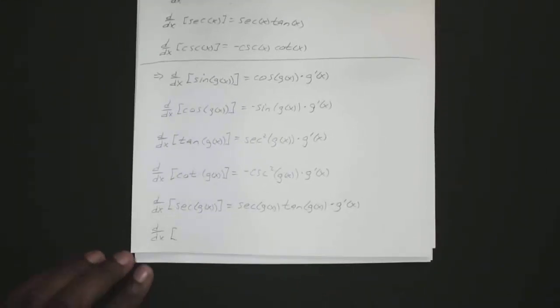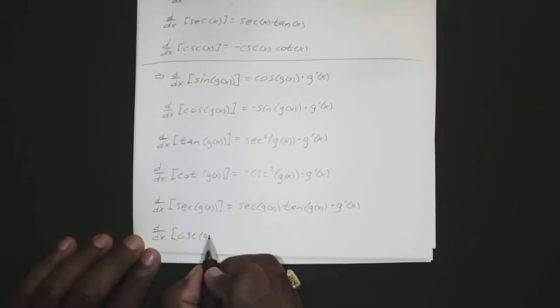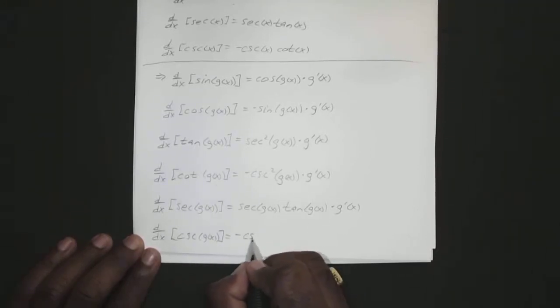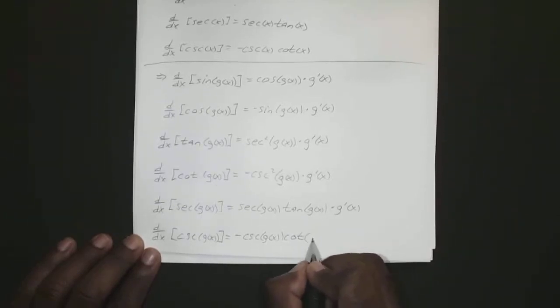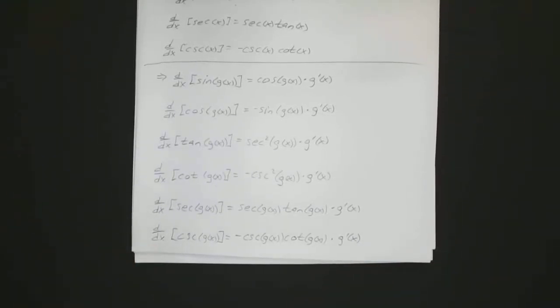We'll move that up some. That's negative cosecant of g of x times cotangent of g of x times g prime of x. Okay, so in every case, you're just going to multiply it by the derivative of whatever is inside.